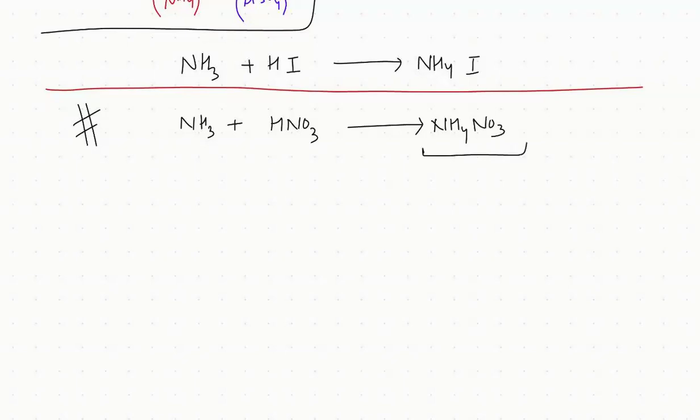It would be ammonium nitrate. NH4 would be called ammonium, right? And NO3 is nitrate. That's the name of the radicals. Hence, it would be ammonium nitrate. Any doubts in this? Nope. Got the point? Yes.